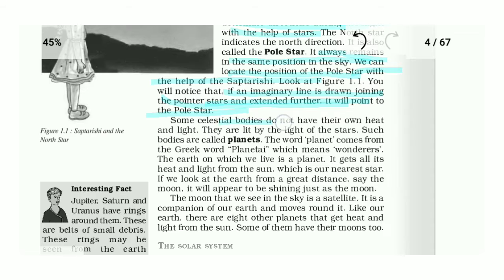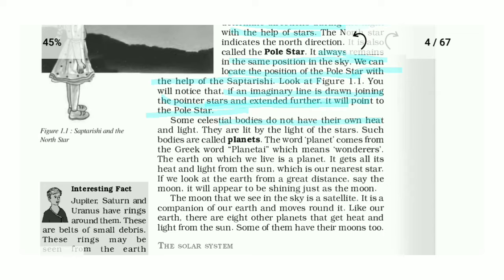Some celestial bodies do not have their own heat and light. There are many celestial bodies which do not have their own light and heat. For example, the moon, as I have said earlier, is lit by the light of stars. So they are visible to us because of the reflection of light from other stars.